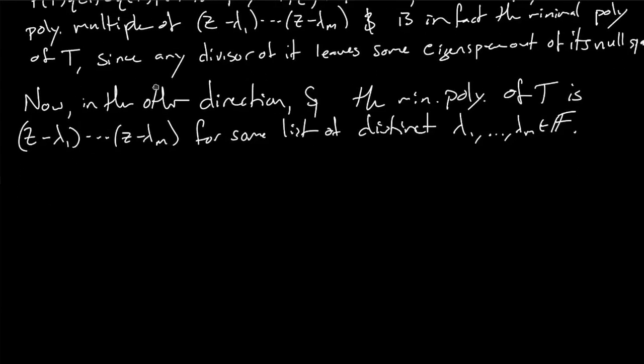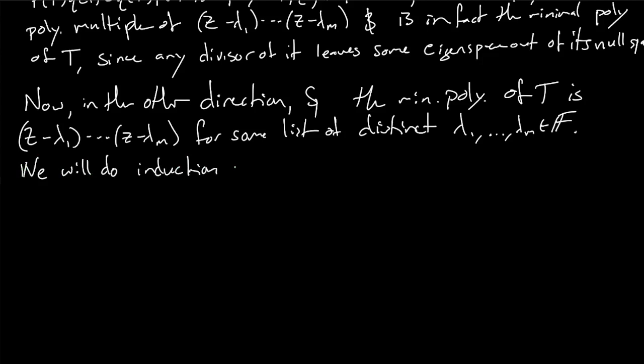Okay, so in this case, let me give you an idea of how we're going to do this. We will do induction on m. Okay, so when we do induction on m, the base case is going to be easy.